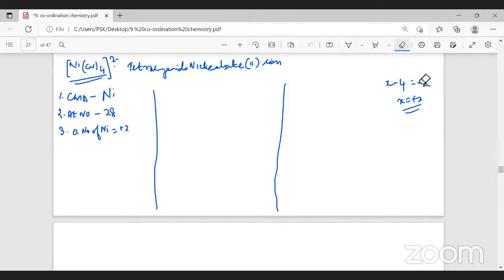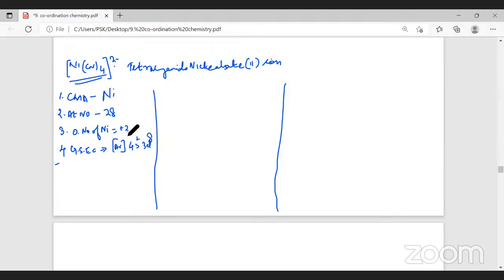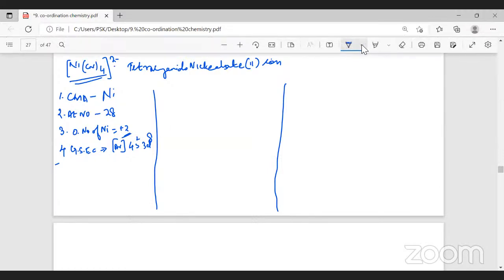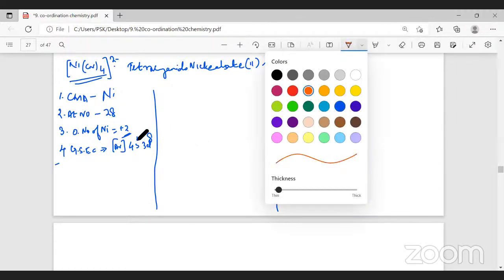What is the ground state electronic configuration of nickel? It's argon configuration, that is 18, 4s2 and 3d8. But since nickel has +2 oxidation state, the outer 2 electrons will be removed.